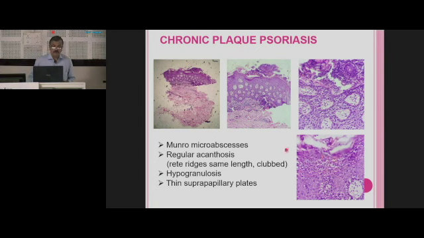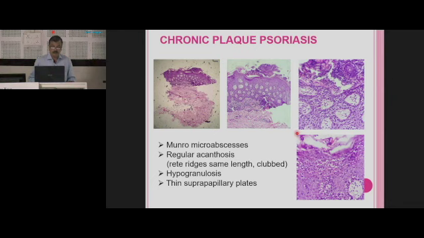The scanner view will give the appearance of the regular acanthosis. Then high power view will give the collection of the polymorphs in the keratin layer, forming the microabscesses in the keratin layer, which is a hallmark in the diagnosis of the psoriasis.